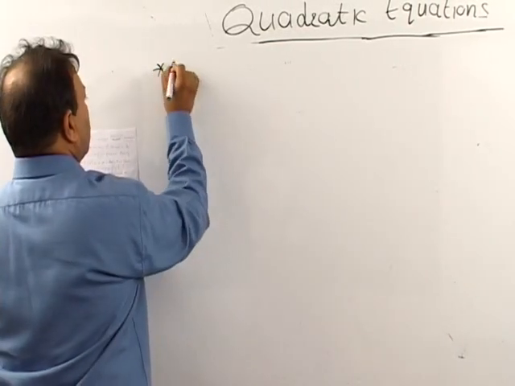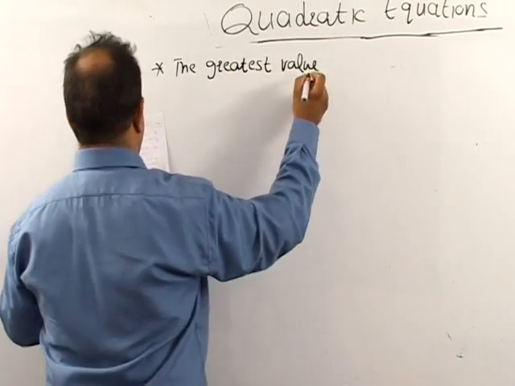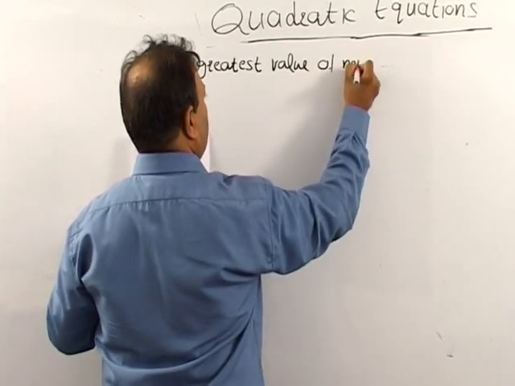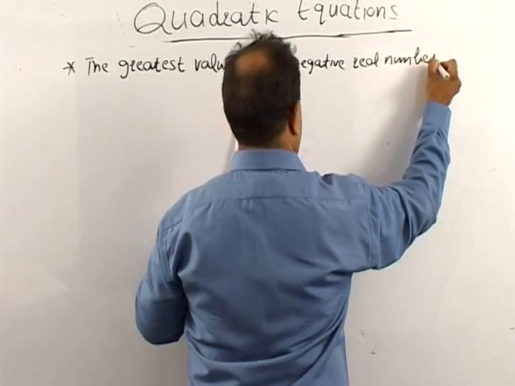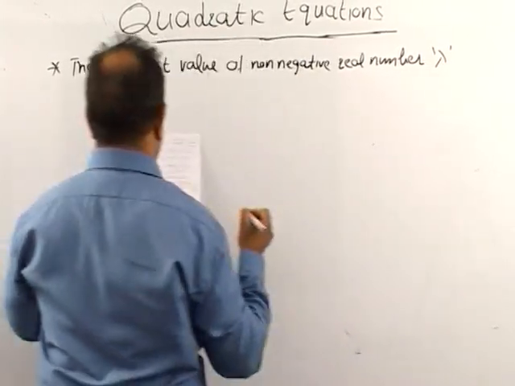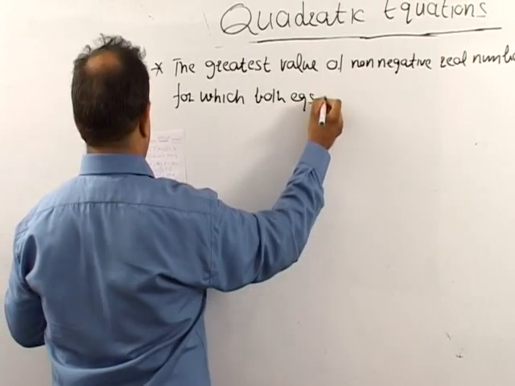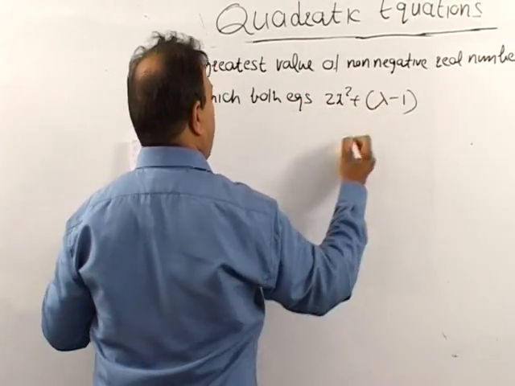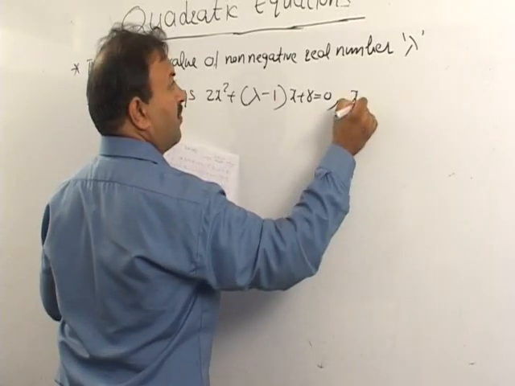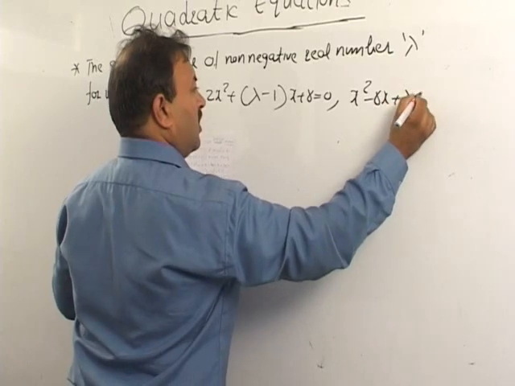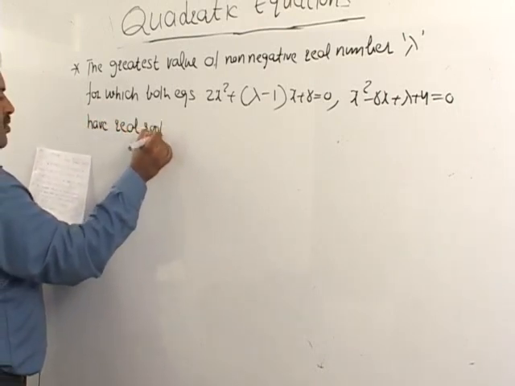The problem is: the greatest value of the non-negative real number lambda for which both equations 2x square plus (lambda minus 1)x plus 8 is equal to 0, and x square minus 8x plus lambda plus 4 is equal to 0 have real roots.